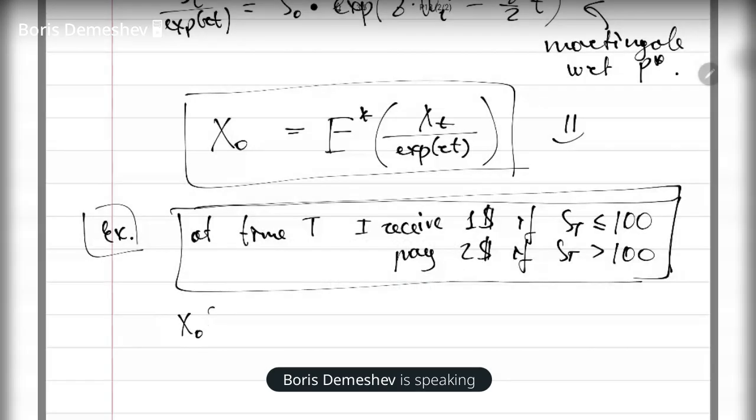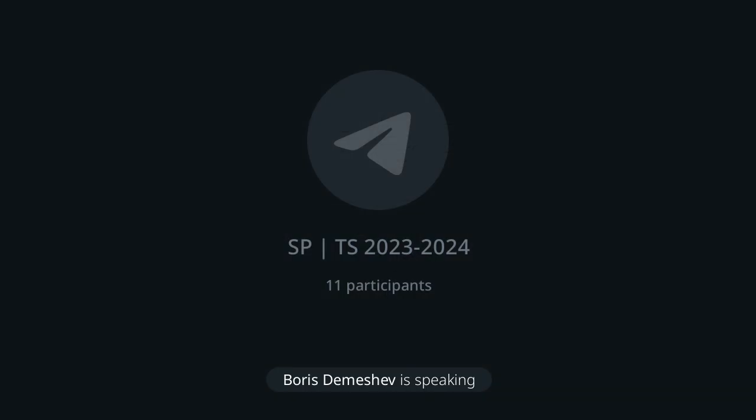So what is X0? Is X0 positive? So should I pay or should I receive money? This is a financial claim. I receive $1 and I get a fine of $2 if ST is bigger than 100. Okay, what is the price X0? How to calculate it? Oh, that's easy.